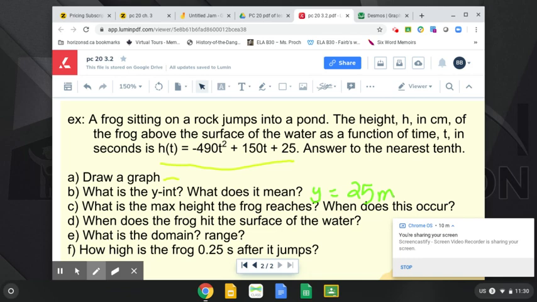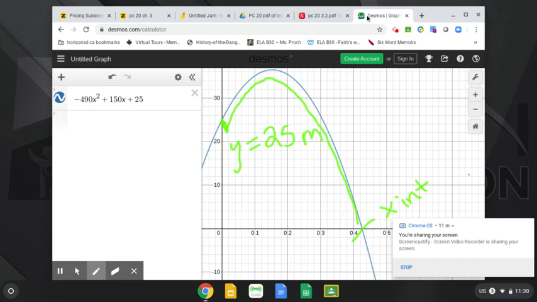What is the max height of the frog and when does this occur? If we look back to the graph, we can see right at that vertex that the max height our frog reaches is, what was that point? 36 meters is the max height.